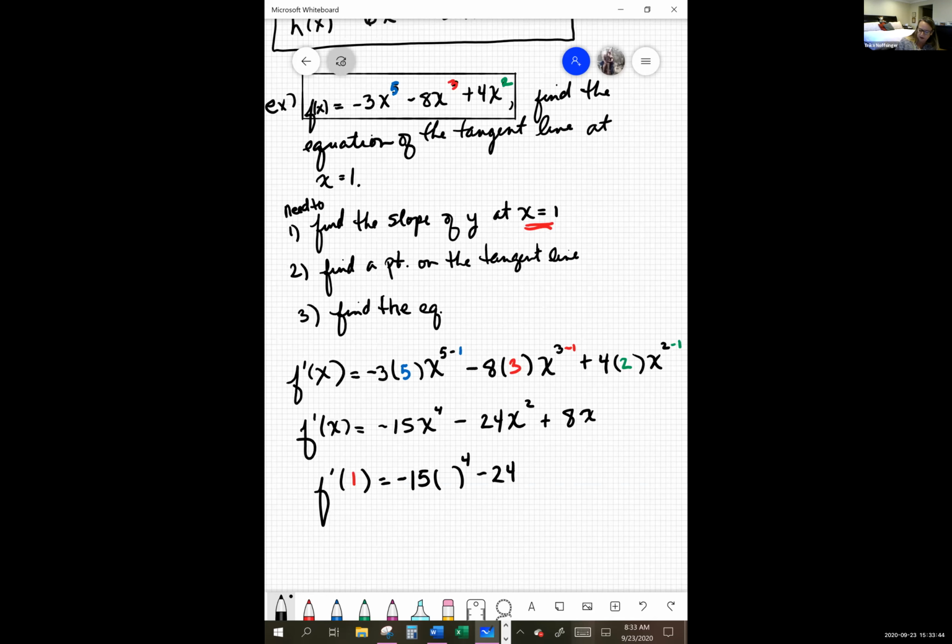So now we need to find the point on that tangent line. So how are we going to find that point on the tangent line?